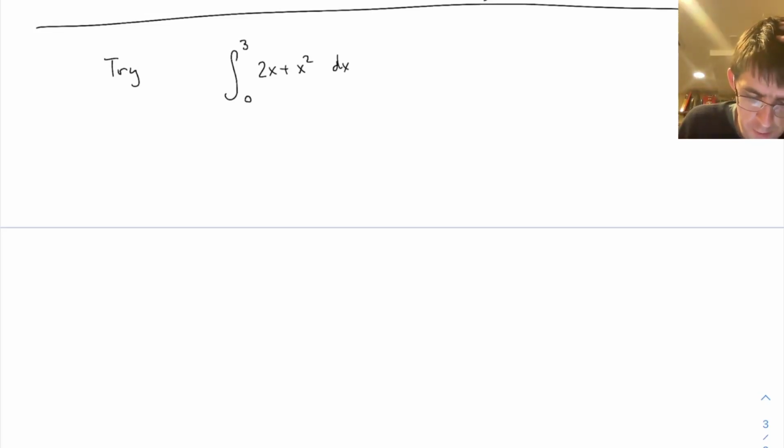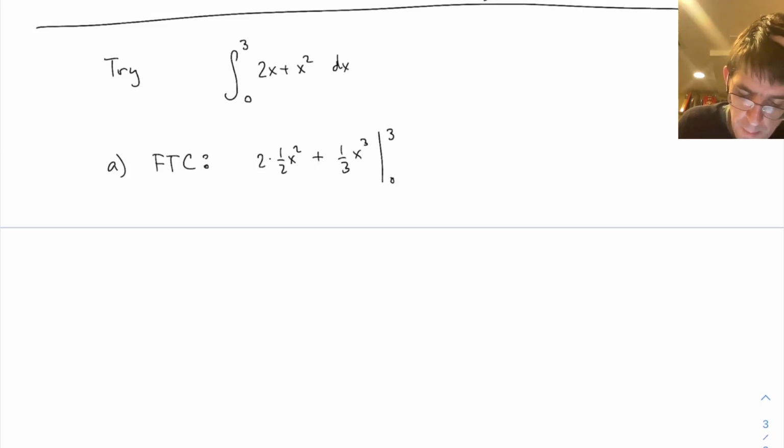So first of all, this is part A, using the fundamental theorem of calculus. This is the easy way. We do the antiderivative. It becomes 2 times 1/2 x squared, that's the 2x, and then plus 1/3 x cubed, that's the x squared, and I plug in 3 and 0. This 2 times 1/2 x squared is just x squared.